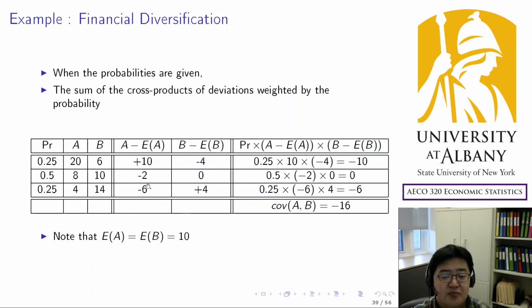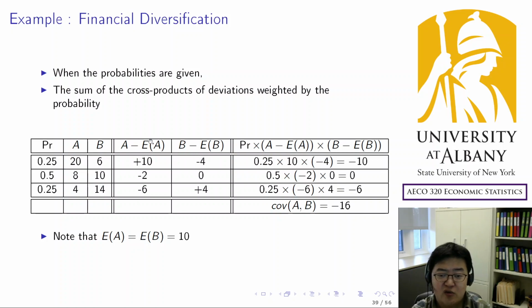But after calculating the expectation, you transform the outcomes into deviations. The outcome for A becomes plus 10, minus 2, minus 6, relative to the expected return of A. Similarly, the outcome for B, 6, 10, 14, becomes minus 4, 0, plus 4, also relative to their expected return.